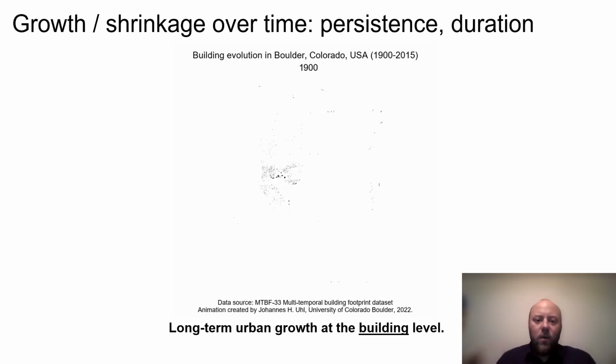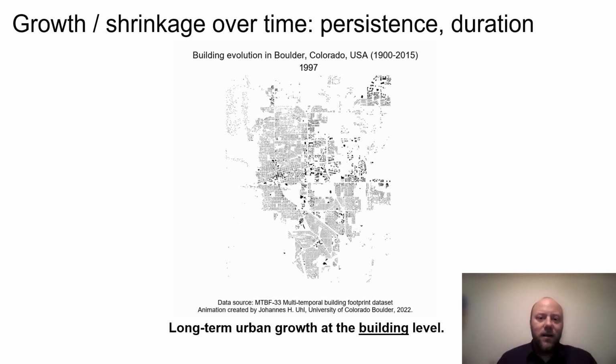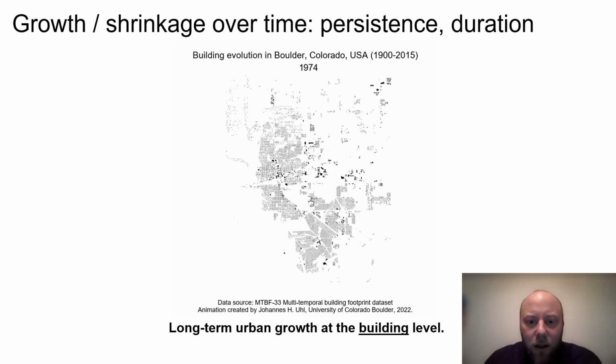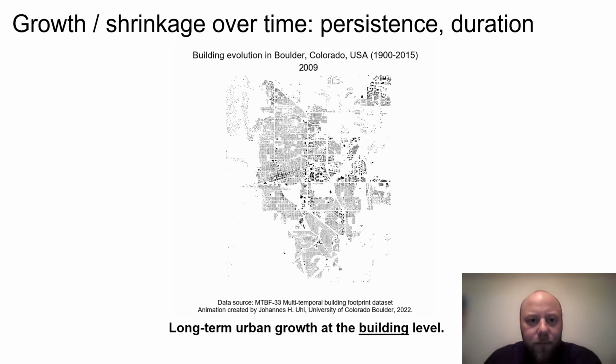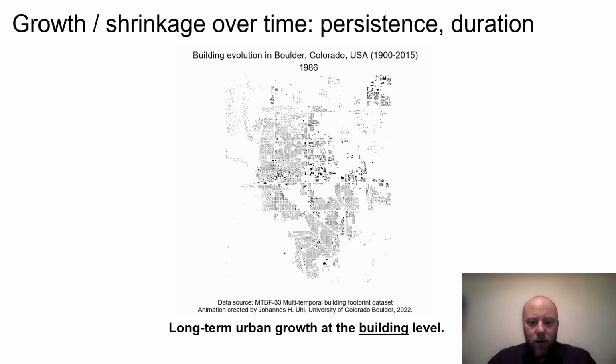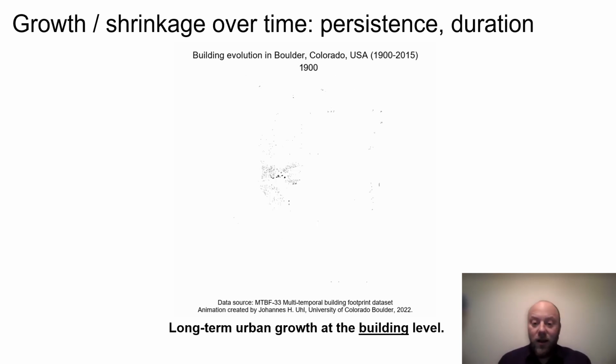For each building, we have the construction date, and by just showing the buildings that are built in each year or earlier, we can really nicely show how in this case, the city of Boulder has grown over time. So yeah, animated data visualization as a means to visualize growth. And in our case, we can do this at different spatial scales.